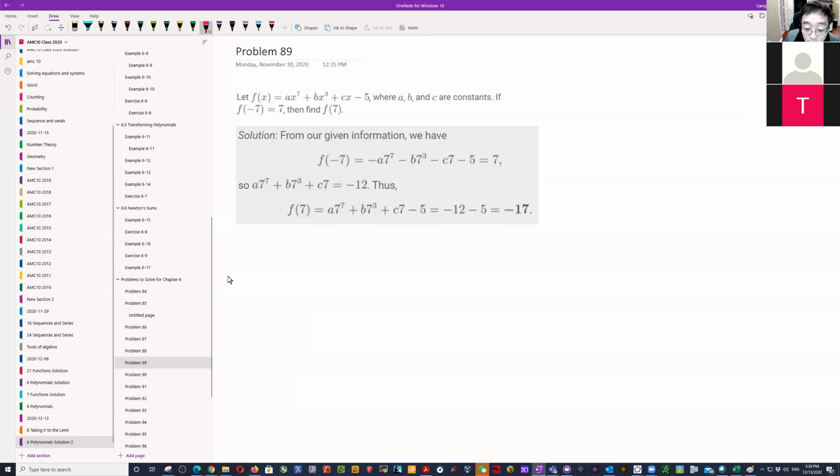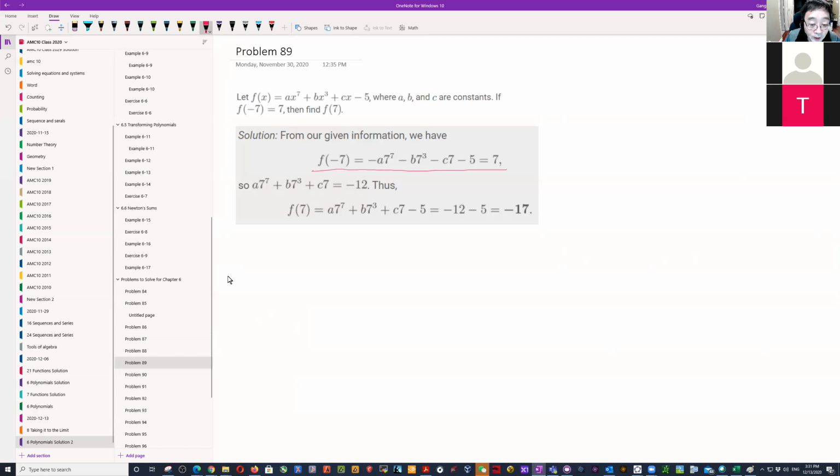So basically we are able to figure out, this one actually is not very difficult. This one is just plug in and you will get it. So let me try to show you why this is the case.